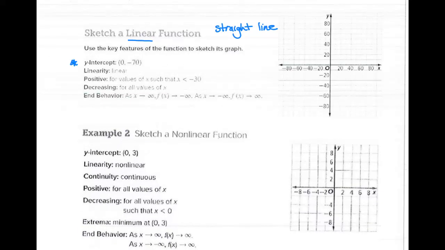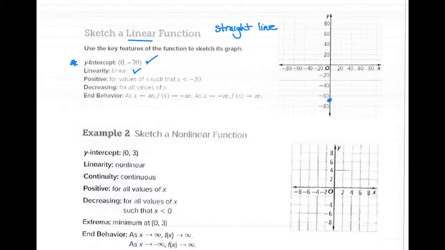Y-intercept says it's at 0, -70. You need to plot that. So 0 stays at 0 on the x-axis, and then we drop down to -70, which is in between -60 and -80. Okay? So we've done that one. Linearity, it says it is linear, so it has to be a straight line. We have to keep that in mind.